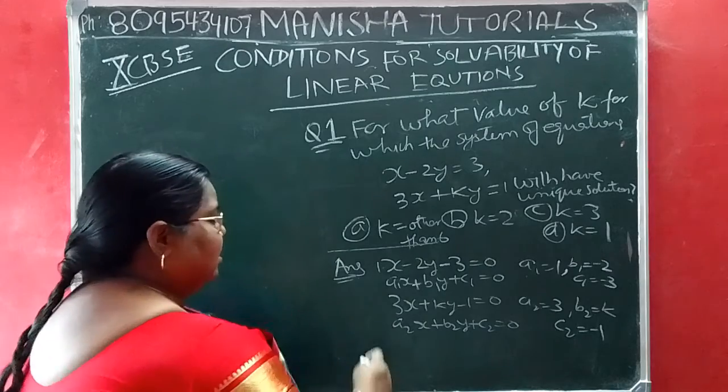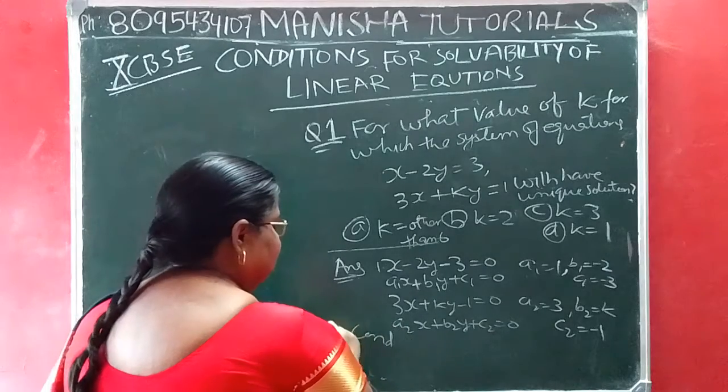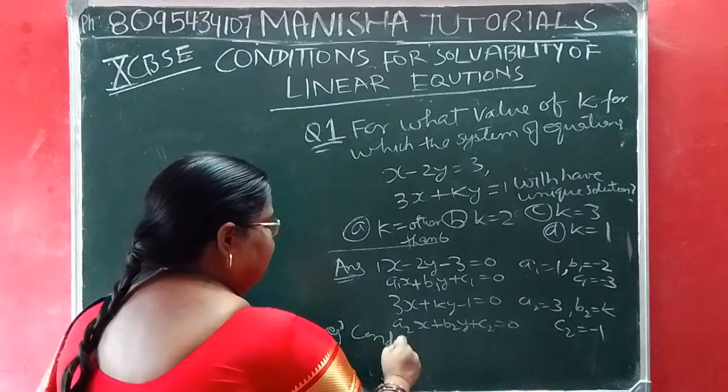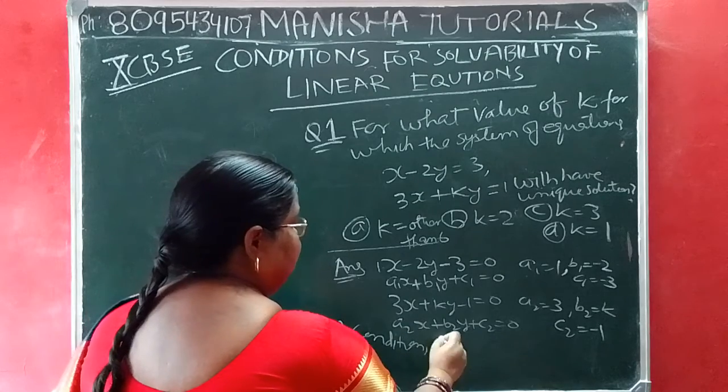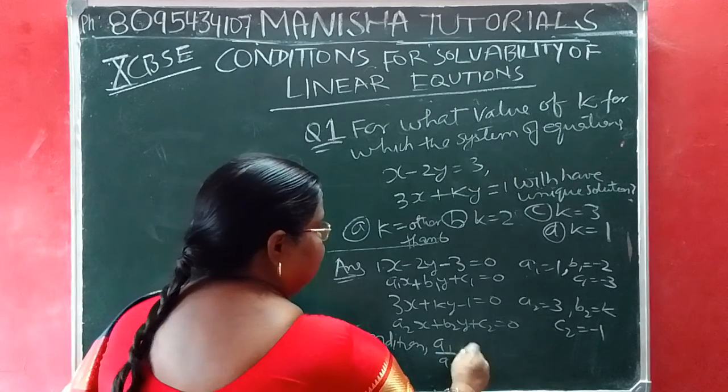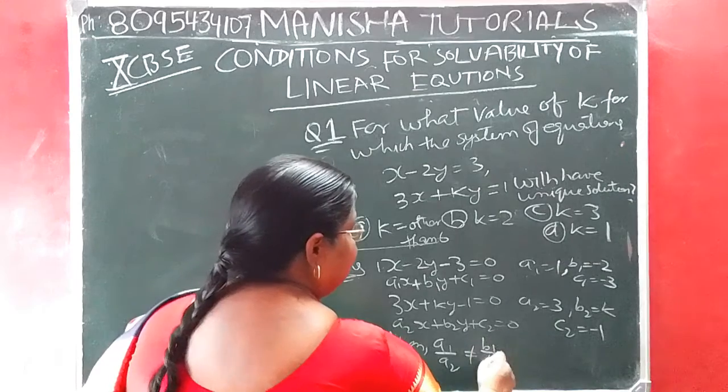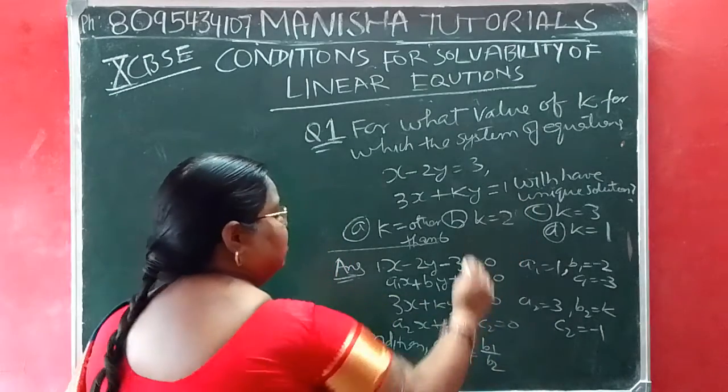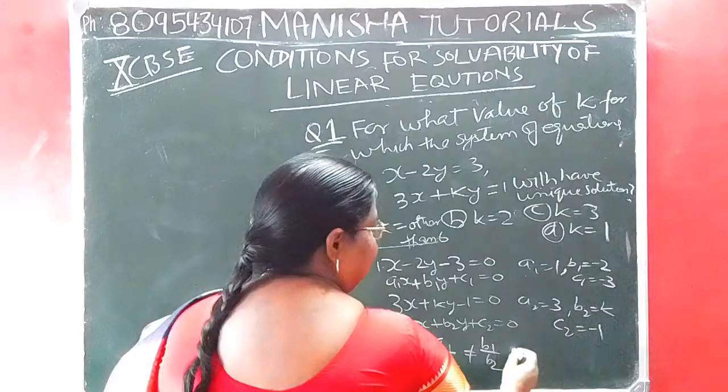The required condition you will write for solving is a1 by a2 is not equal to b1 by b2 for a unique solution. We have done this in the theoretical part.